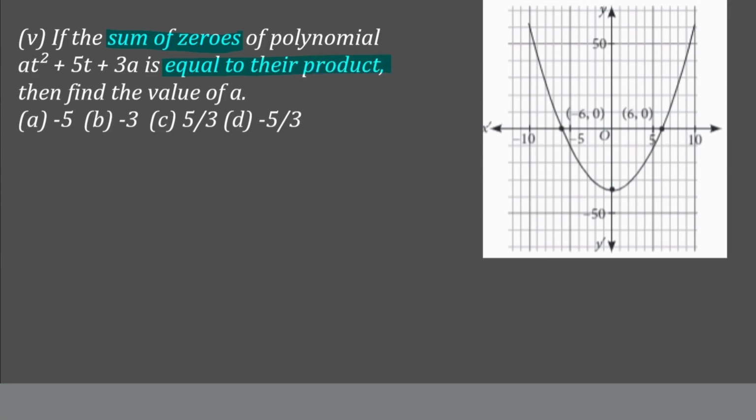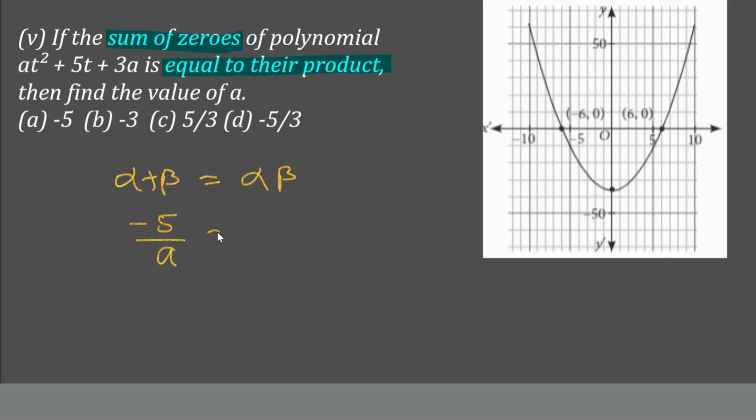So we can write the sum of the zeros, alpha plus beta, is equal to the product of the zeros, alpha beta. And what is the sum of the zeros in terms of coefficients? It is the negative coefficient of t in this case, that is negative of 5, minus 5. So negative coefficient, that is minus b over a, and a in this case is a only.